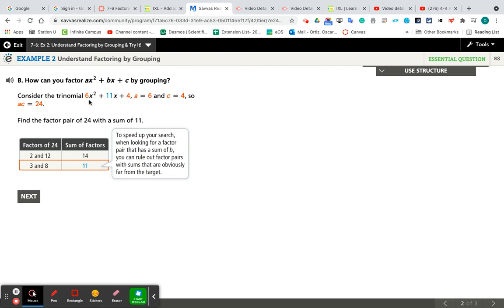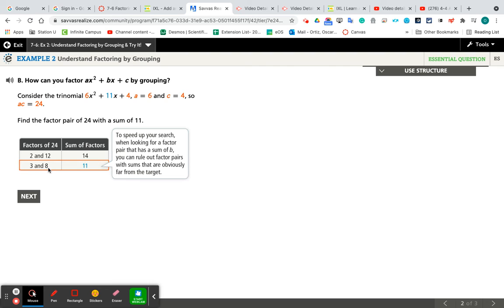So in this particular case, if we want to factor, notice that 6 is not a common factor of 6, 11, and 4, as we did in example 1. So we're looking for two numbers whose product is 6 times 4, which is 24, and whose sum is 11.